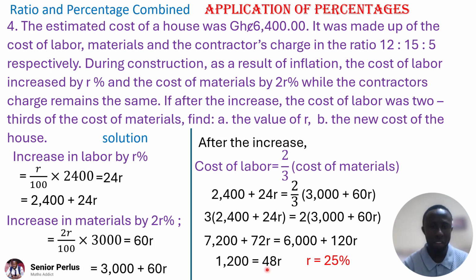That's 25%. Part B, the new cost of the house. Since there's an increase and R is 25, you can find the new cost of the labor, then the new cost of the material. But as for the contractor, it remains the same, 1,000 Ghana cedi. Then we add them.